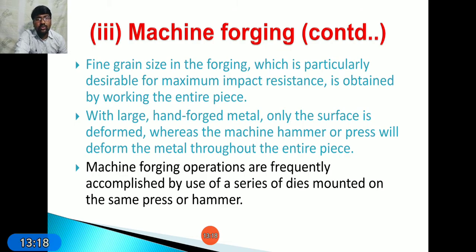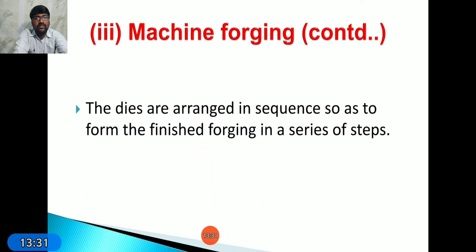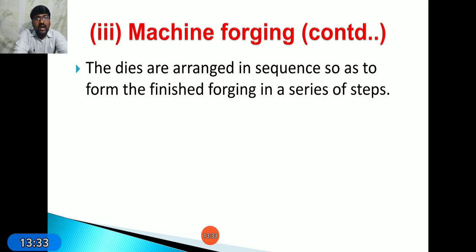Machine forging operations are frequently accomplished by use of a series of dies mounted on the same press or hammer. The dies are arranged in a sequence so as to form the finished forging in a series of steps.